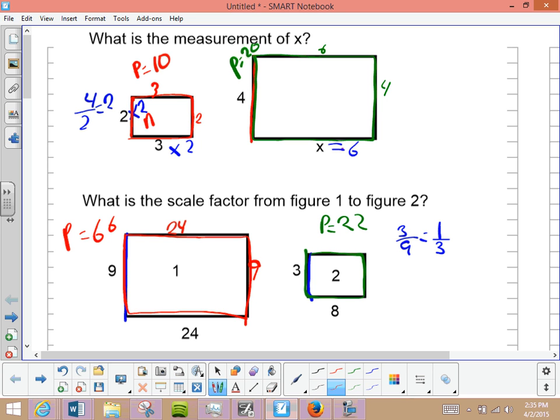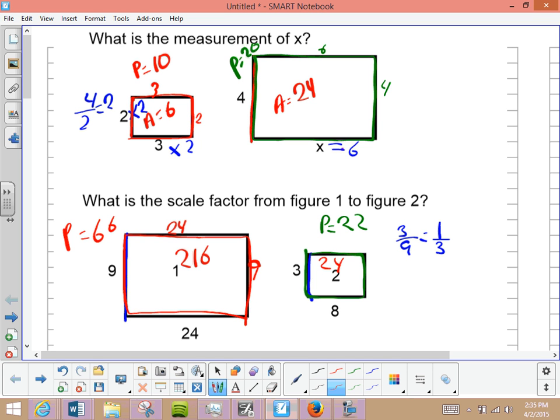What is the area of this? What is the area of this? 24. Does it work? 6 and 2 is not 24. Okay, hang on. Let's do this one. What is the area of this? 216. What is the area of that? 24.